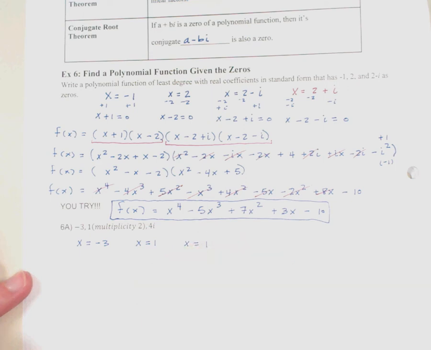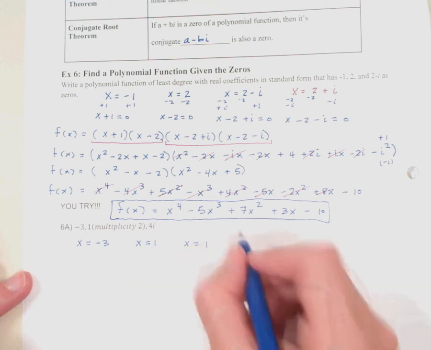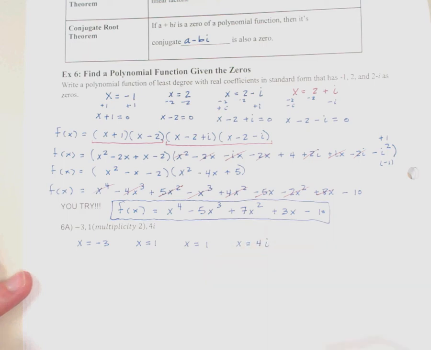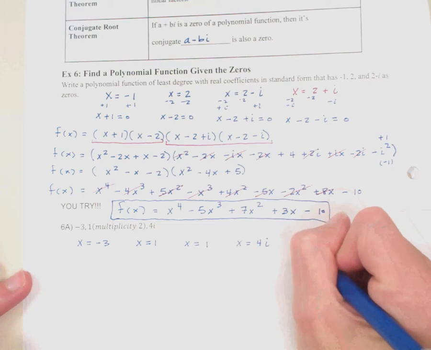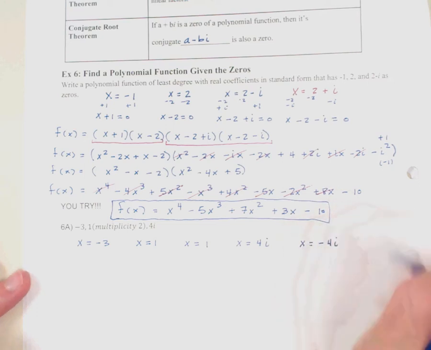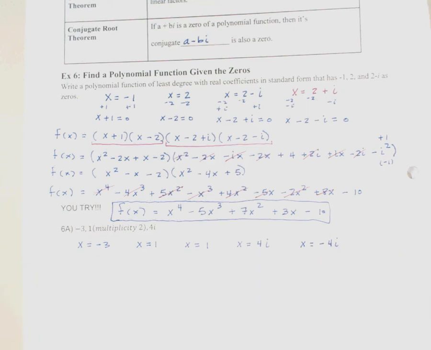So we have x equals 1 2 times. Now we also have x equals 4i, but we have to include the conjugate from the conjugate root theorem, so we also have x equals negative 4i. Now make sure you set each quantity equal to 0 and use those factors to multiply to make your polynomial function. Good luck!